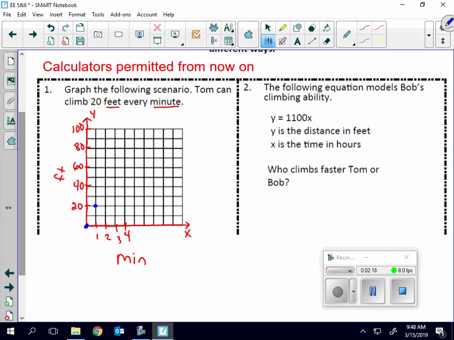So then after 2 minutes, I would go up to 40, and 3 minutes, I would go up to 60, and so forth. Okay, so that's that graph. Of course, this is continuous, so we could connect our dots. Like that.